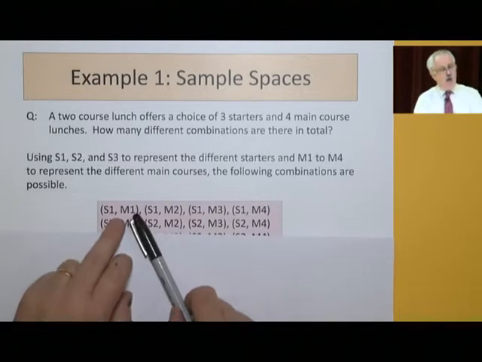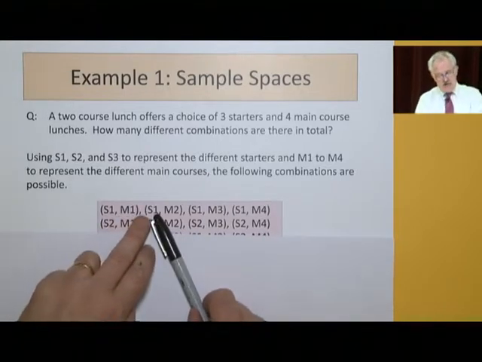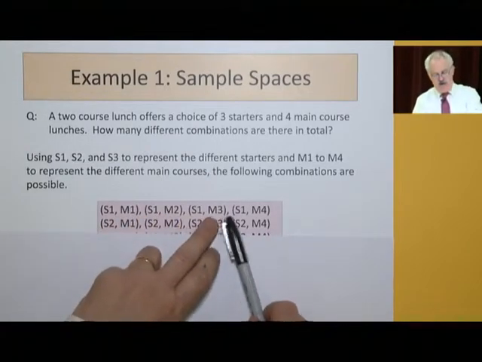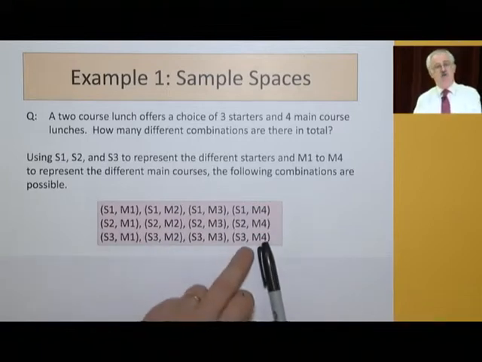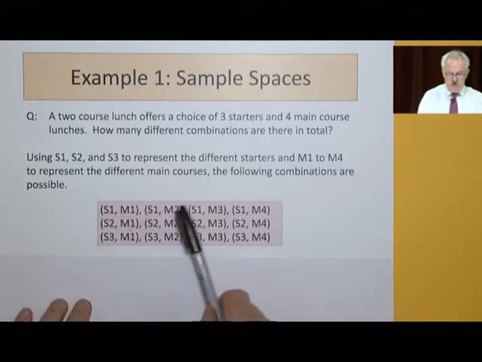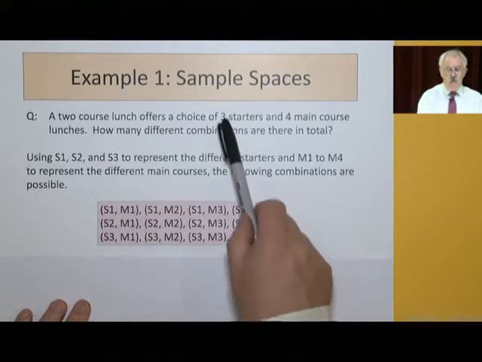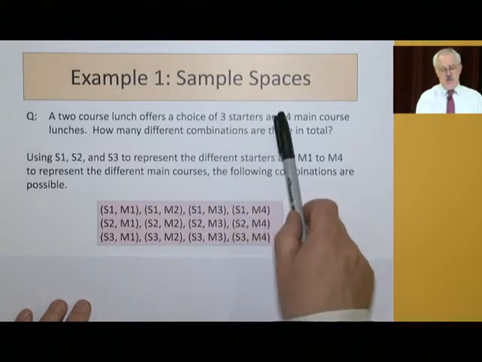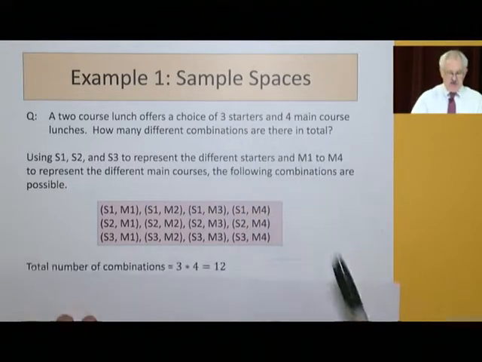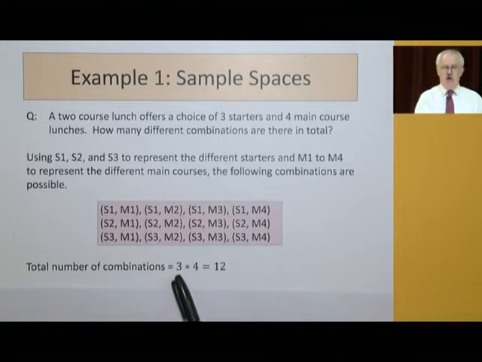So S1, M1 is starter 1, main 1, then starter 1, main 2, starter 1, main 3, all the way down to starter 3, main 4. 1, 2, 3, 4. There are 12 sets of pairs. 3 and 4, related to each other, gives 12, 3 times 4. The total number of combinations is 3 by 4.